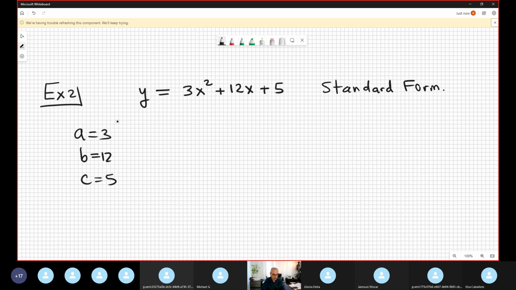But fortunately, we have an equation that states the connection between the famous A, B, C and H and K. Thus I want to explain the super easy way. H is equal to minus B over 2A. And this is the most important formula today.